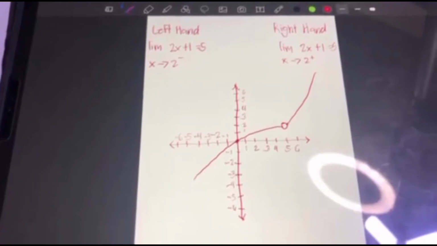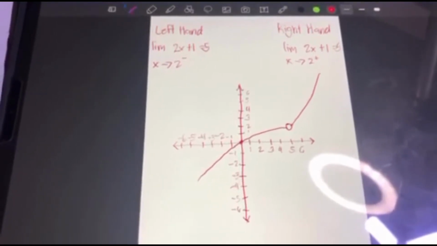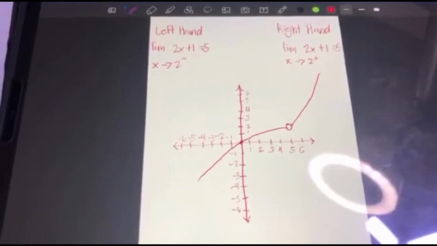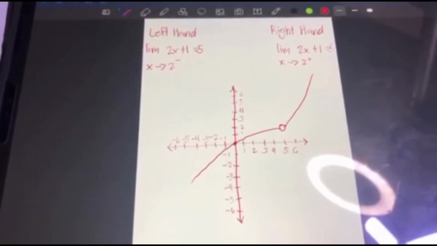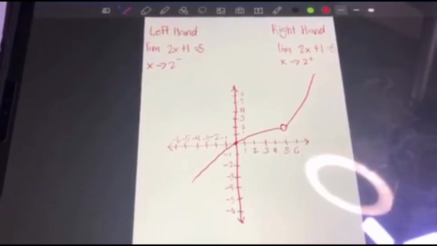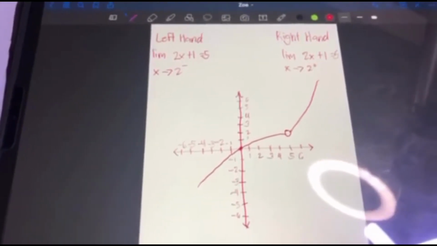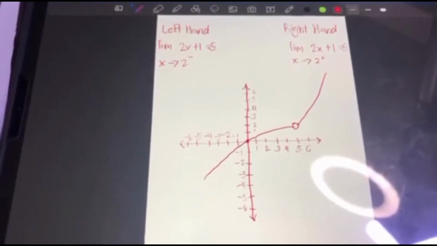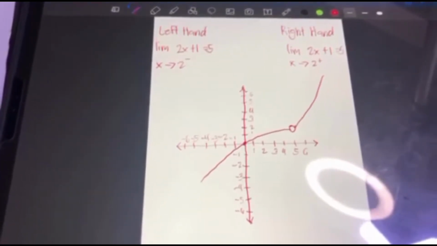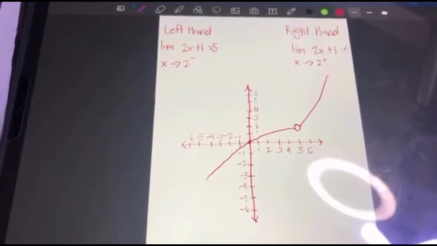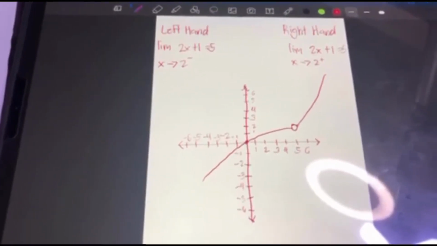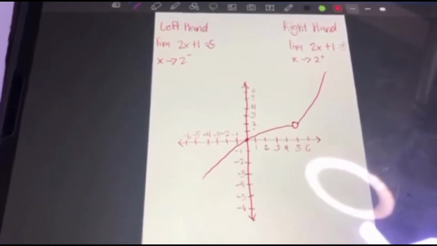Then if the values that we get are not the same, we will consider the limit as undefined, because we always need to get the same value. If we don't get the same value, it will become undefined.